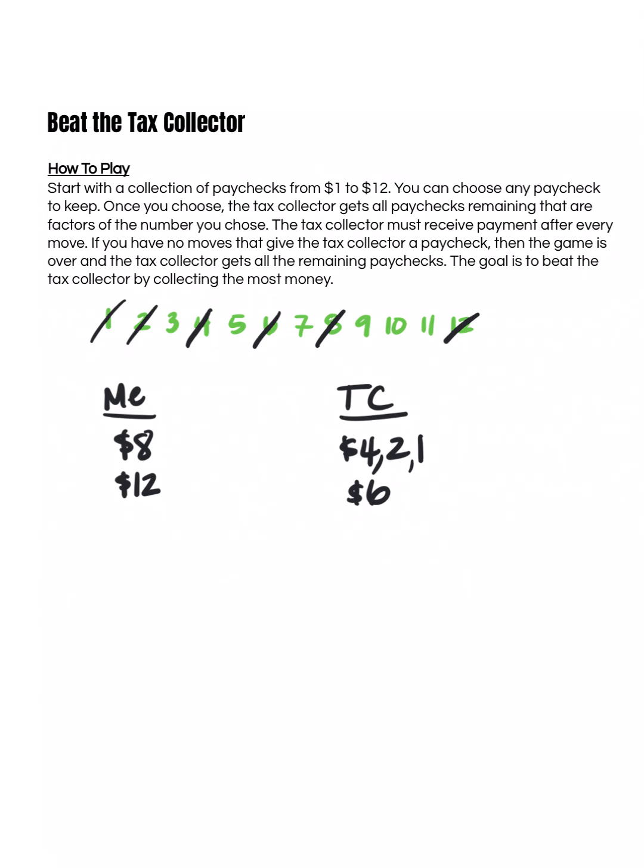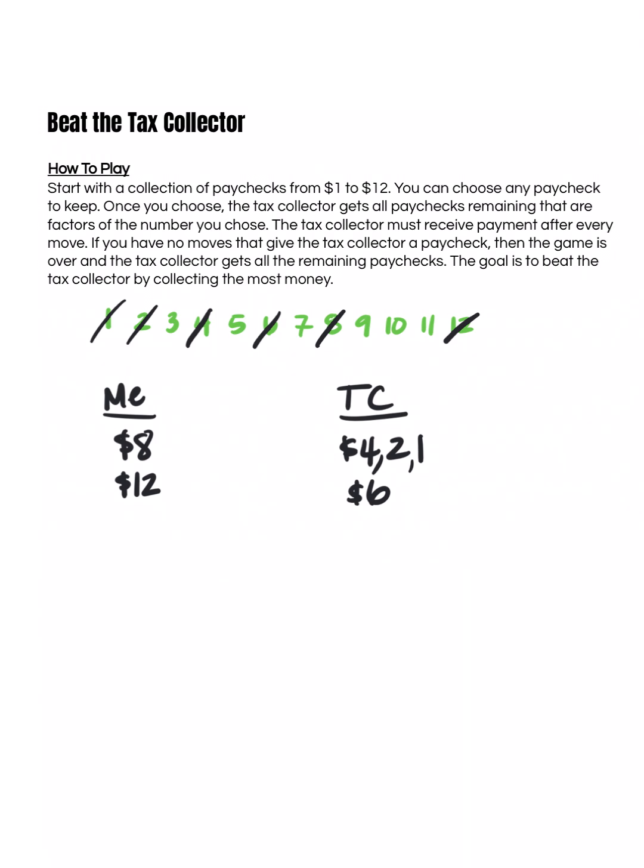So following the rules, if I'm rereading, the tax collector takes the factors of the number I choose. The tax collector must receive payment. So that tells me if I tried to take the 11 right now, I wouldn't be allowed to, because if I took 11, there are no factors of 11 that are left. So I'm not allowed to choose that one.